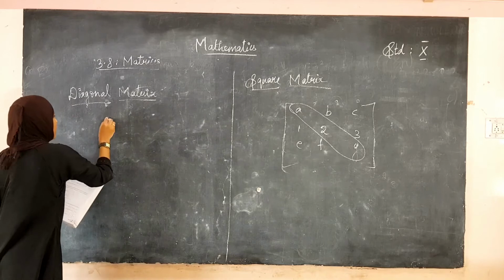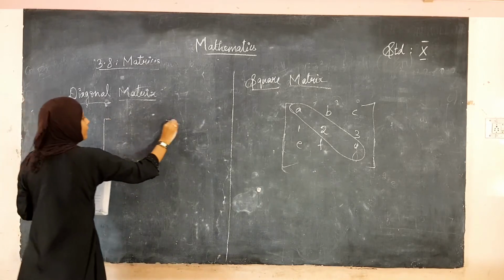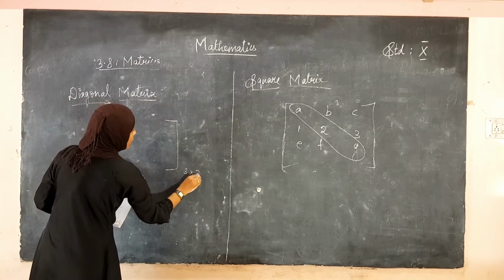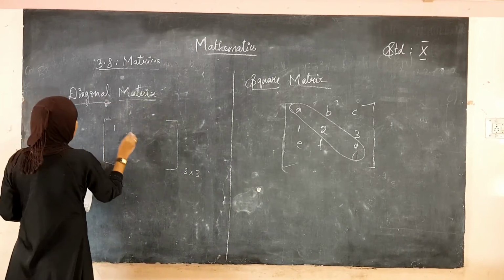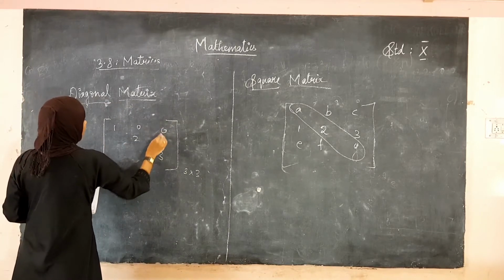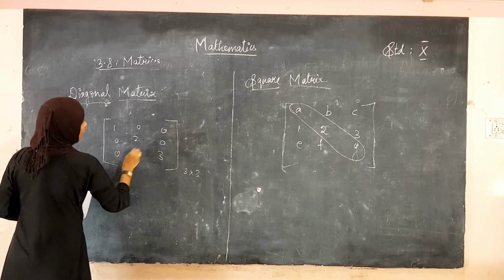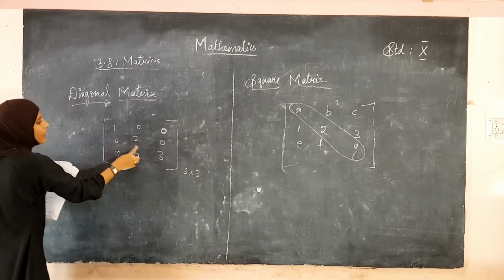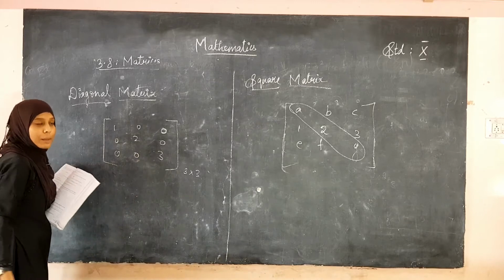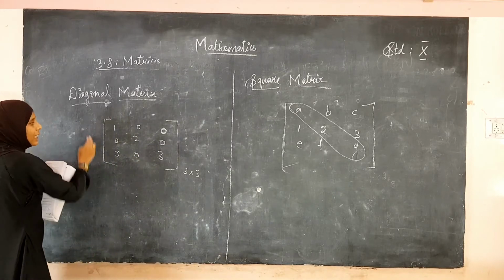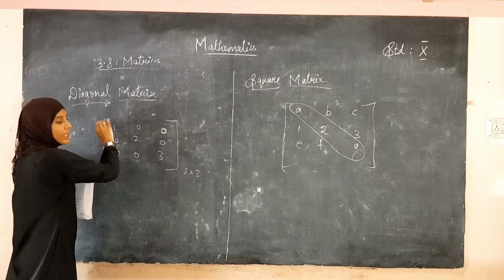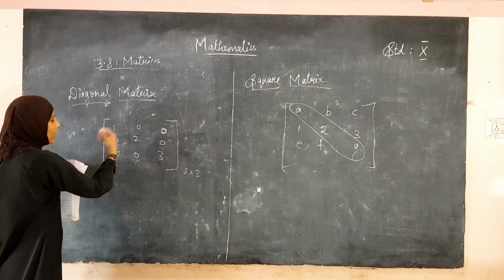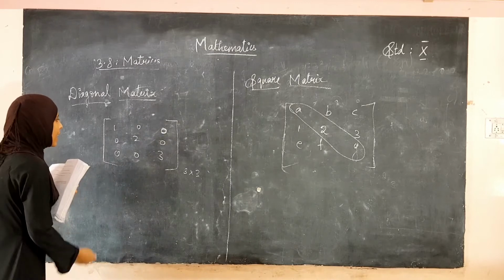See here, let us take a matrix of 3 cross 3, which means 3 rows and 3 columns. The elements other than the diagonal elements become 0. Then we can say this is the diagonal matrix. Only the diagonal elements will be numbers, other elements will be 0, that is the diagonal matrix.